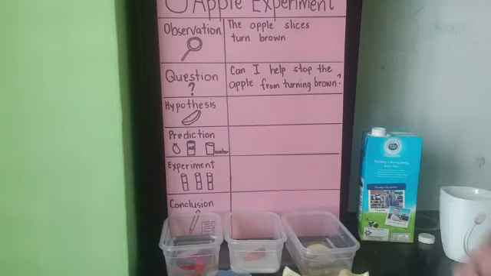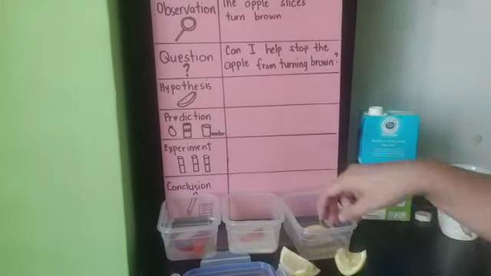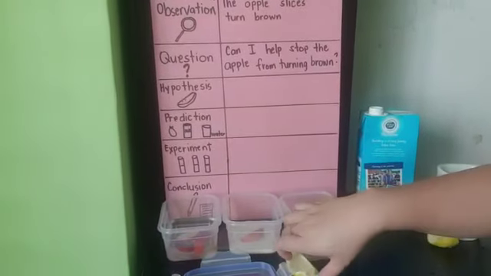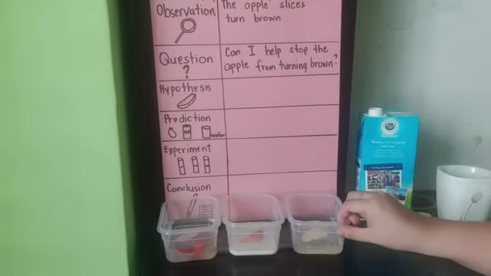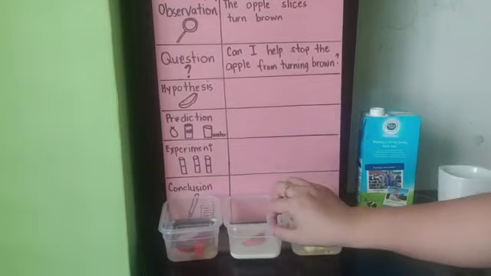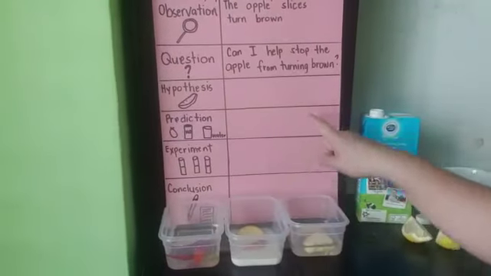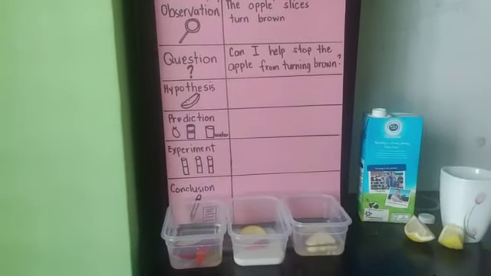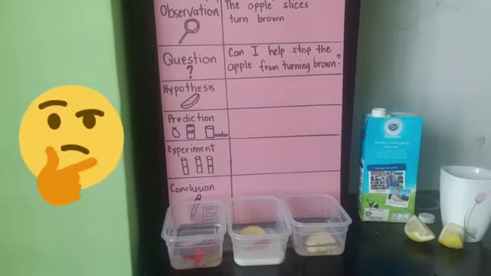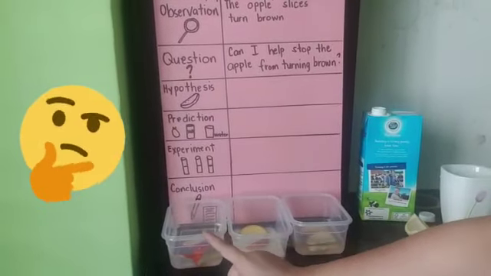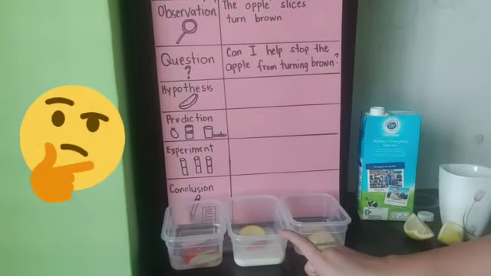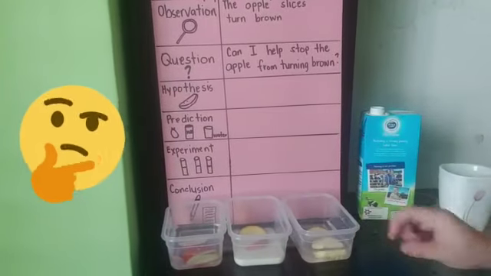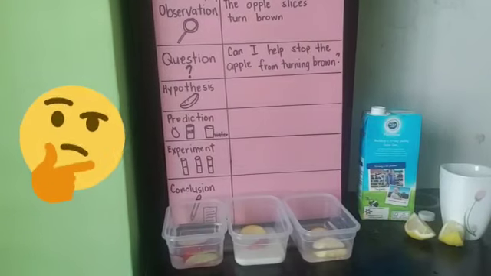Okay. So after our hypothesis, that means we put everything over there ready. We will use liquid to slow down or to stop the apple from turning brown. Now we have to predict. What do you think? Will these apples turn brown, or these apples in the milk, or these apples in the lemon water?